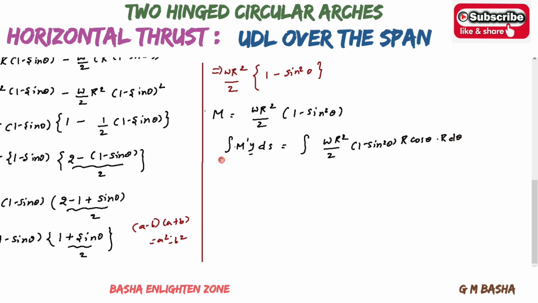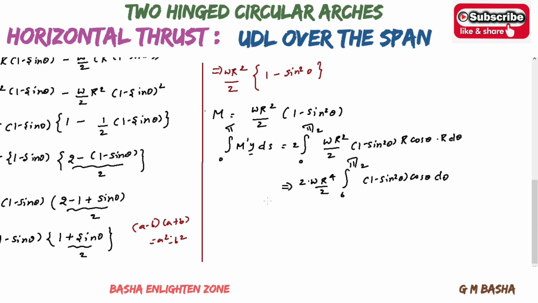So we know the limit, that is 0 to pi. Based on the property, that is 0 to pi by 2, if f of x is even, due to symmetric condition we are taking like this and take the common terms outside: 2 W r square times r cubed, that is r power 4, by 2, integral of 0 to pi by 2 of (1 minus sin square theta) cos theta d theta.